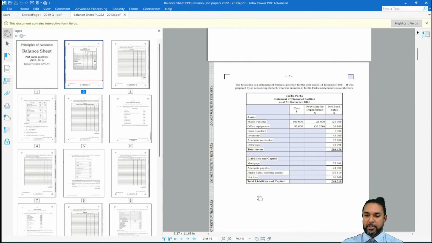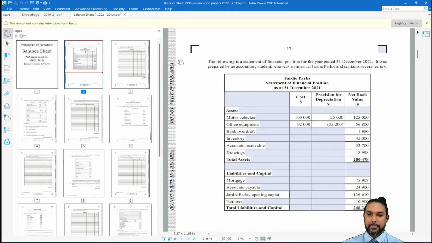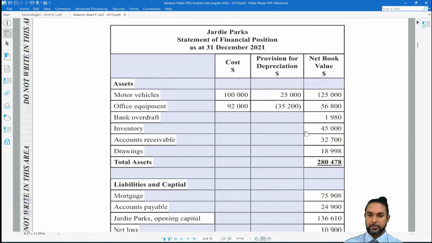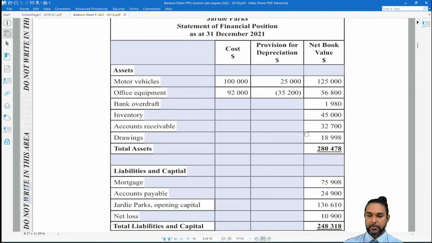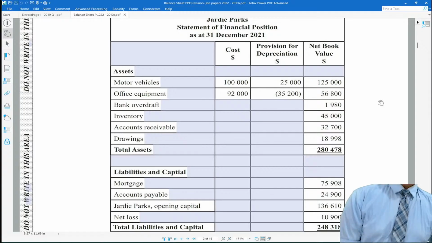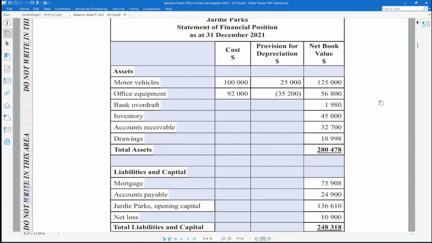Hey guys, so what I want you all to do for me. All right, well, that's good. Right. So what I want you guys to do, I'm going to draw a balance sheet.